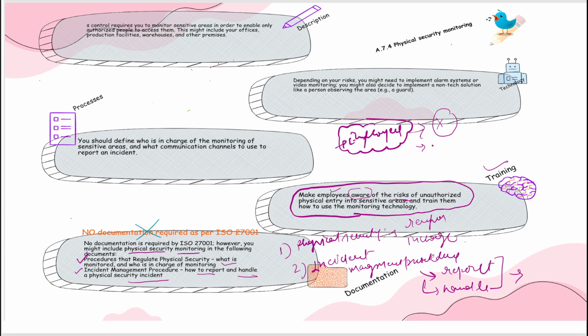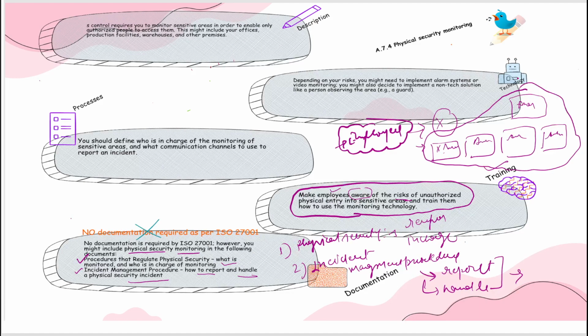You may have seen notifications outside a data center, switch area, electricity room, finance room, and HR record room, where only authorized people are allowed to enter. So people should be trained enough that they should not try to access these critical areas. They should understand the sensitivity and the criticality of these areas.